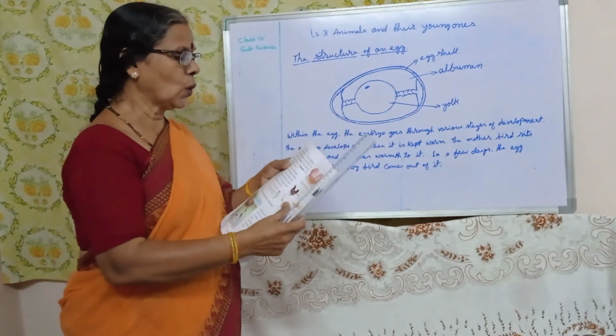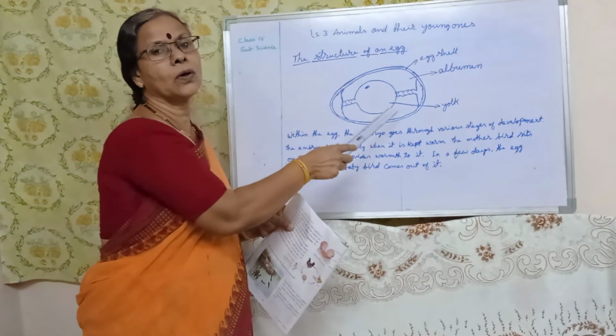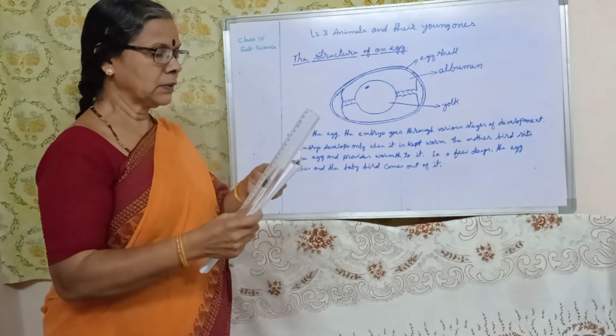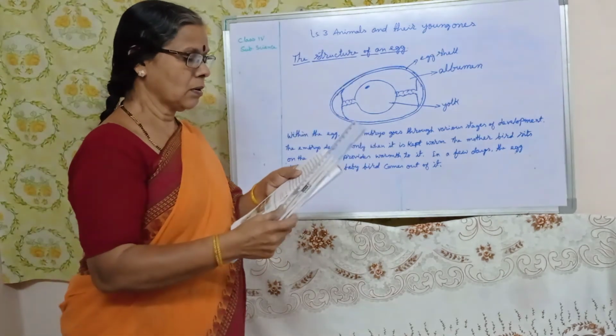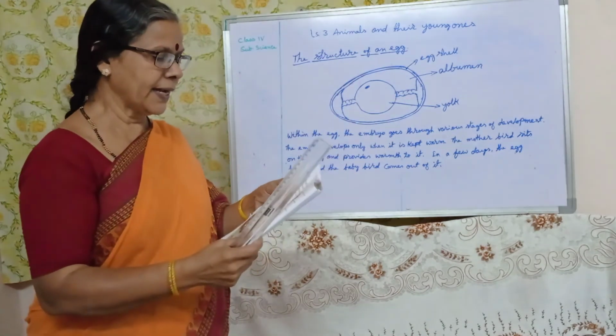The yellow yolk has food for the embryo. But how does a baby bird come out of the egg?